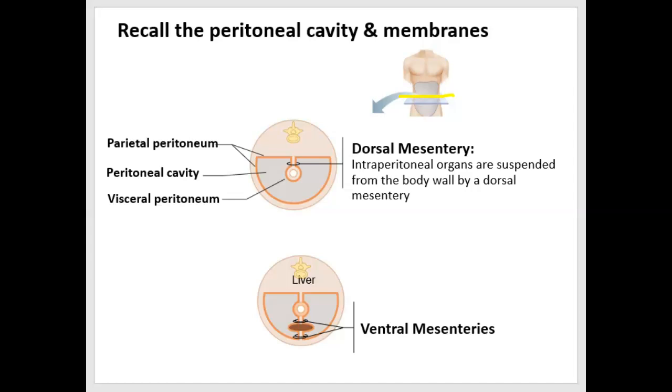And recall that this cavity is lined with a membrane called the peritoneum. The peritoneum on the outer wall, which I'm tracing here, is referred to as the parietal peritoneum. Now the peritoneum turns inward or deep and becomes the visceral peritoneum that surrounds organs.